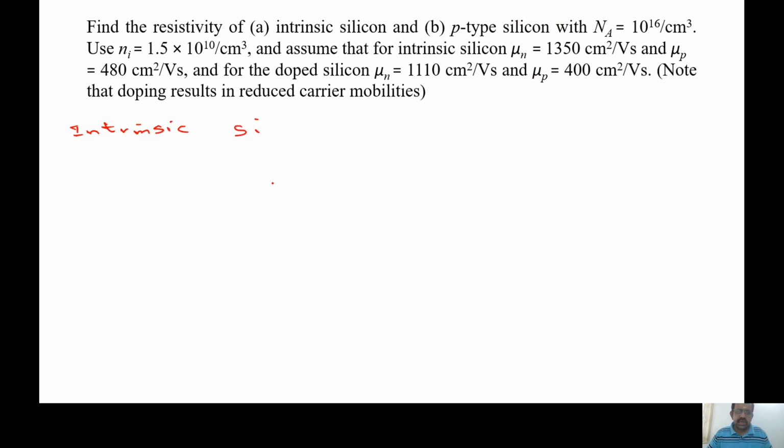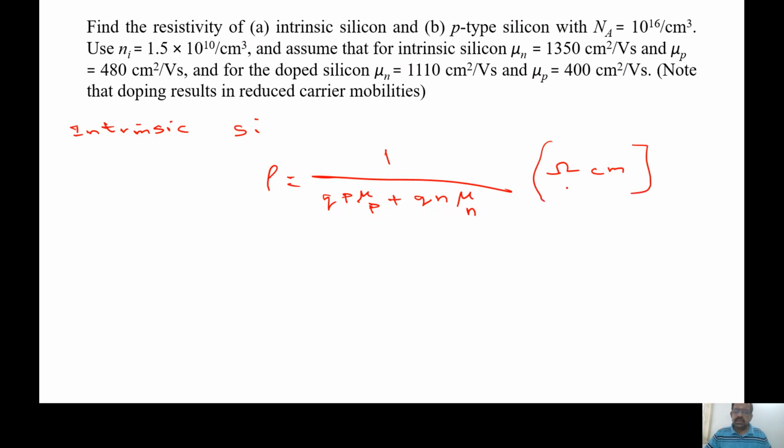Now for intrinsic silicon, rho is 1 by (Q p mu p plus Q n mu n). I am rewriting that expression. Now the unit of resistivity is ohm centimeter. Remember that this is the unit of resistivity, ohm centimeter.